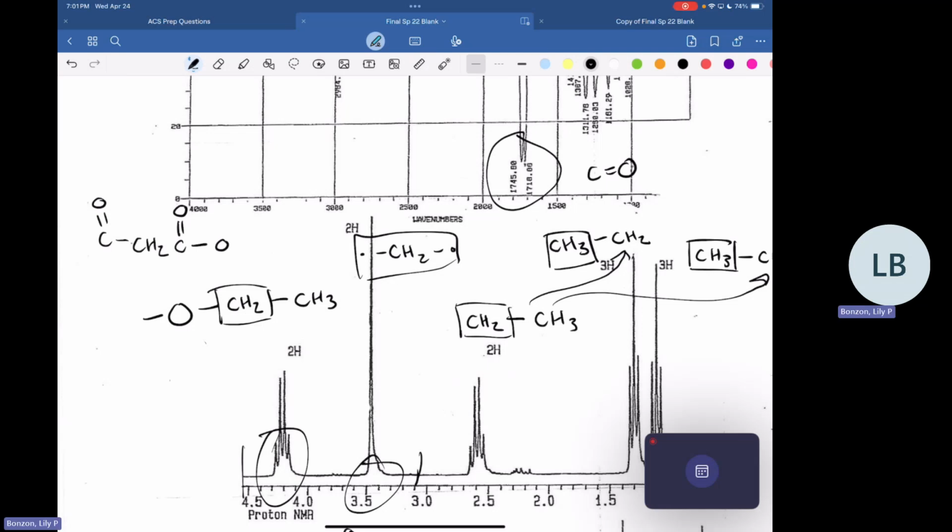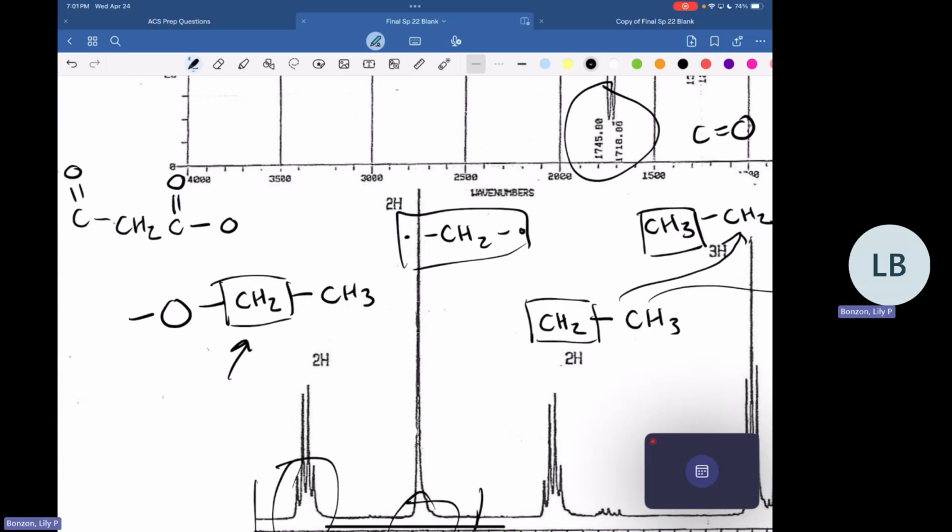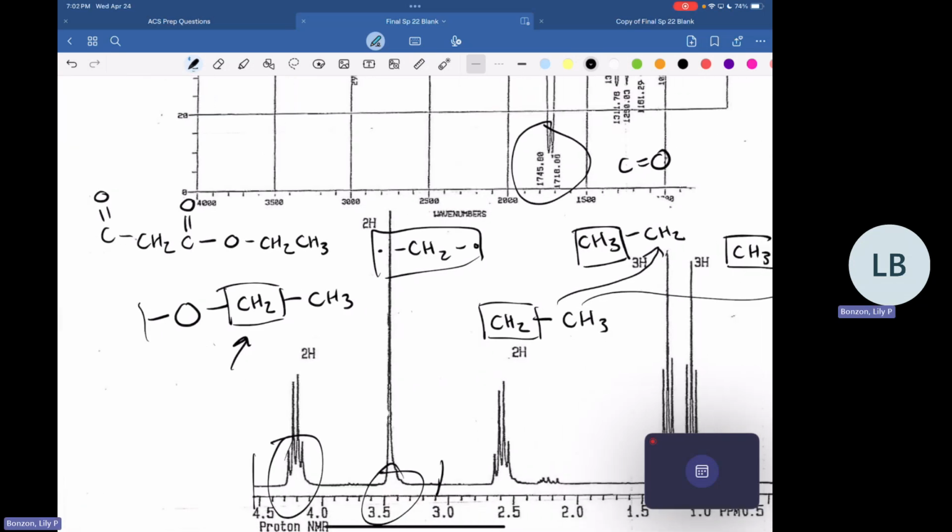And the reason why I'm not connecting this CH2 to the oxygen part of the ester is because it's downfield, but it's not as downfield as this one. So I know that this one over here on the left is going to be the one that's connected to the oxygen. And so using that, I can say that this one is going to have the CH2, CH3 coming off of it, because that's going to be like this little puzzle piece here.